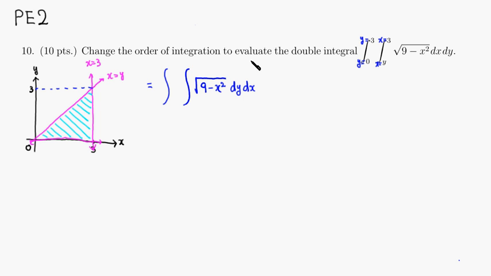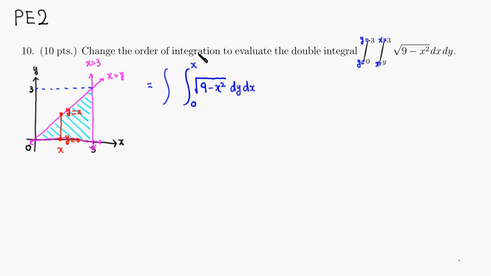So we fix the x value, say somewhere on here, and starting from y equals 0 all the way to this straight line, y equals x, we can set it up as y equals 0 to y equals x.